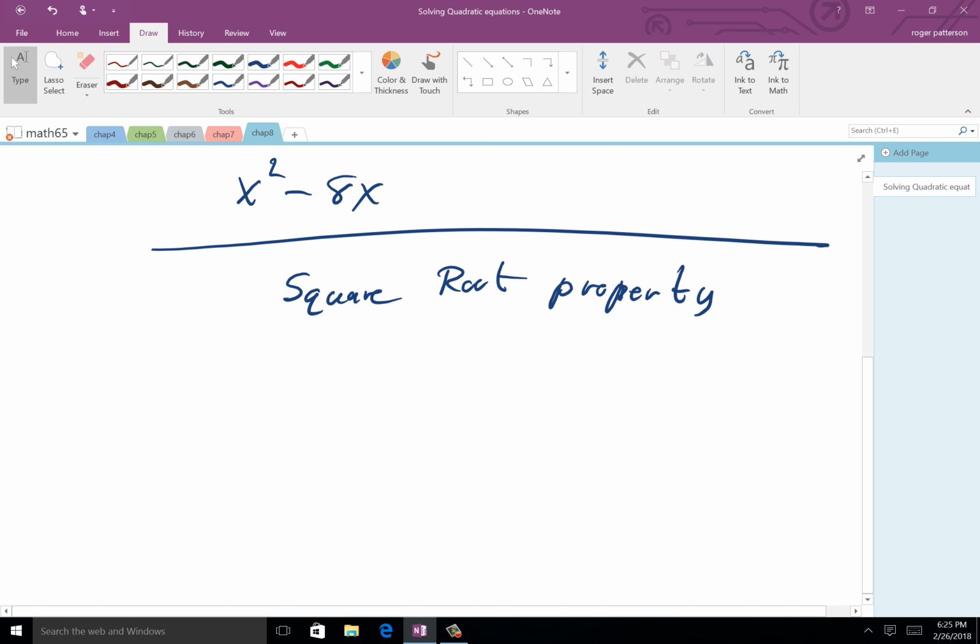But let's take a look at some, and we'll start out with some pretty simple ones and then work our way up. Okay, so we're going to solve using the square root property.